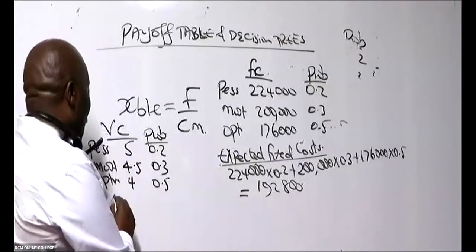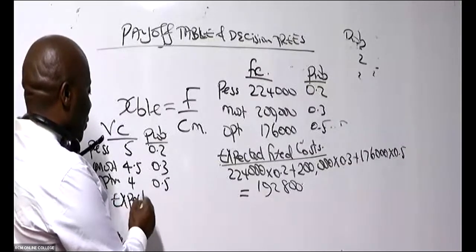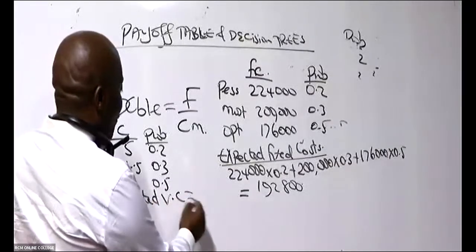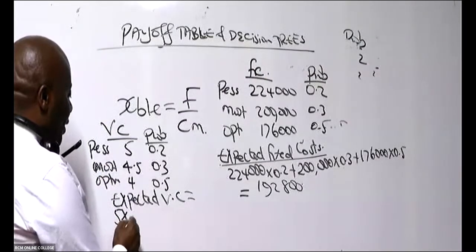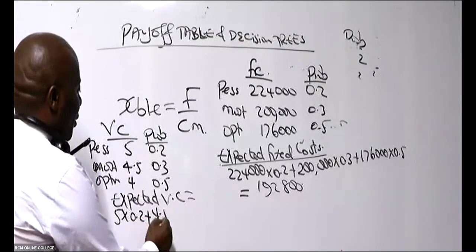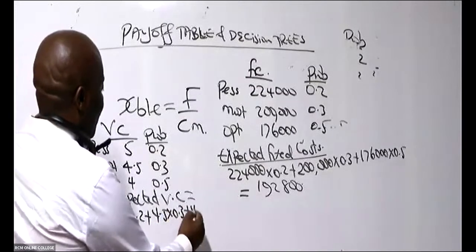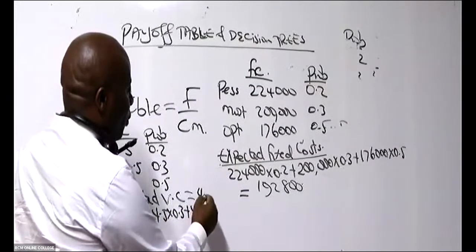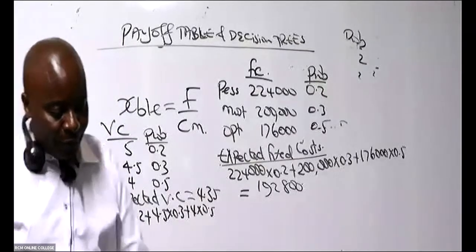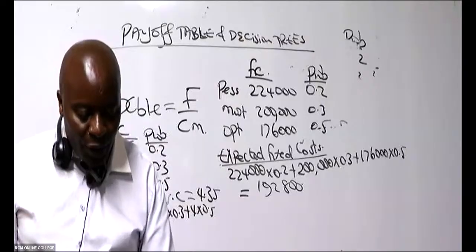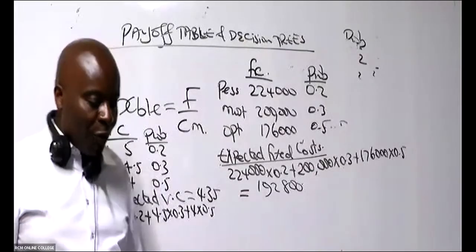So please give me the expected variable cost. So it will be 5 times 0.2 times 0.3, which gives me 4 point. The online guys are telling me it's 4.35.